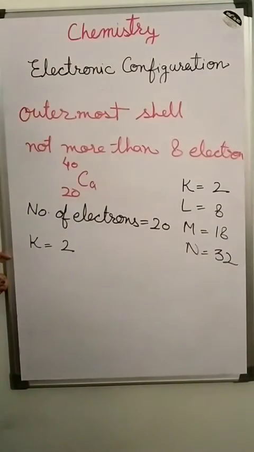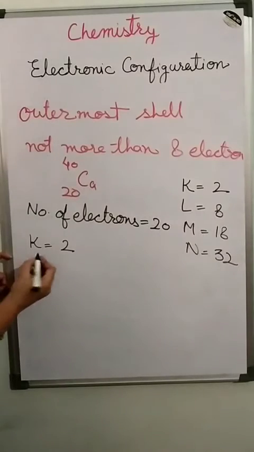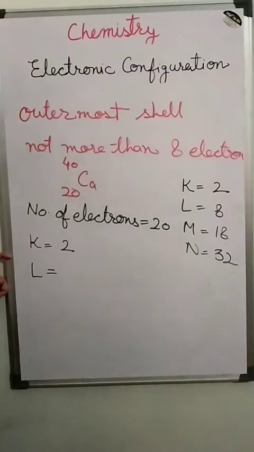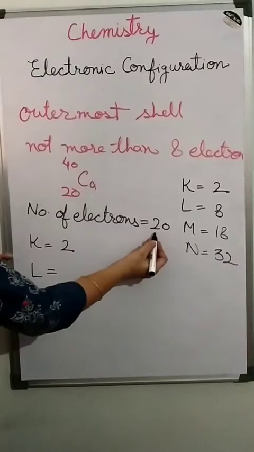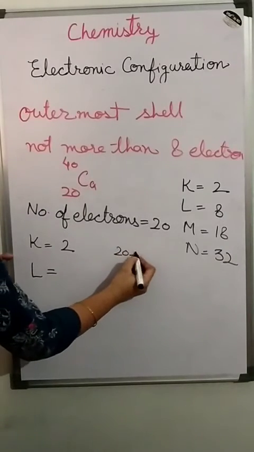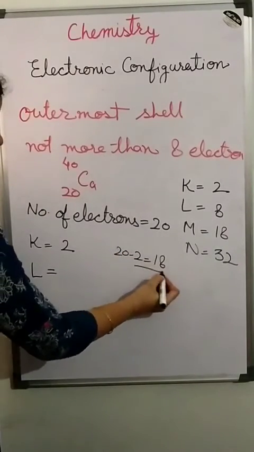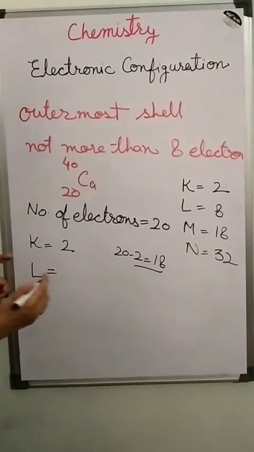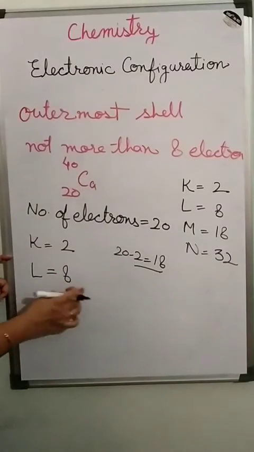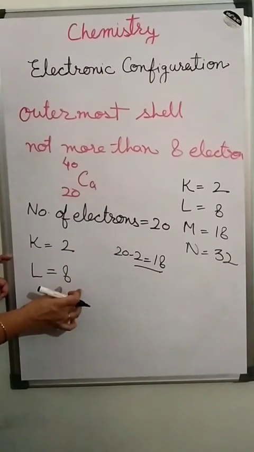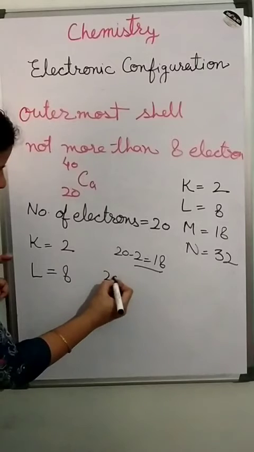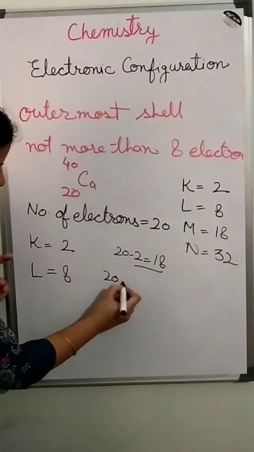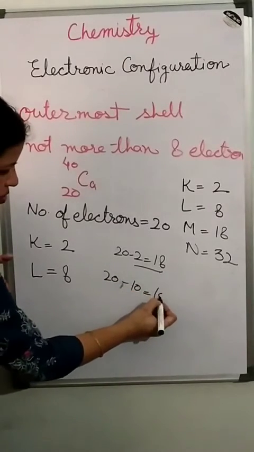But the outermost shell consists of 8 electrons. How many are remaining after K? 20 minus 2, that is 18 remaining. But in the second shell only 8 electrons can be filled, so we write 8. 2 plus 8 is 10. If we subtract 10, then 10 more electrons are left.